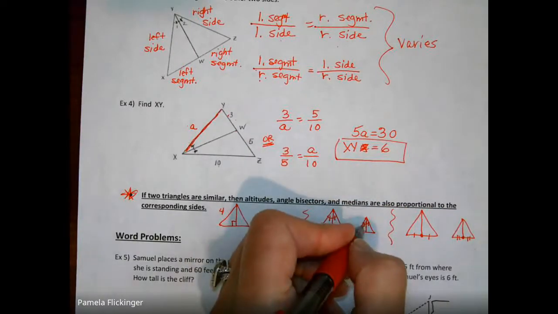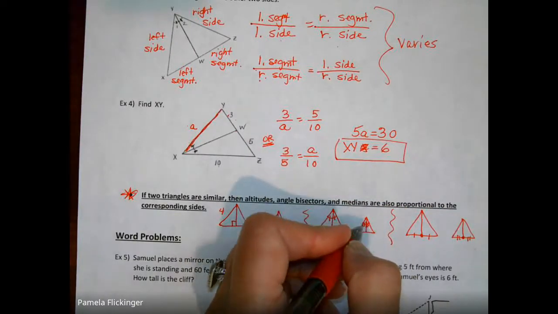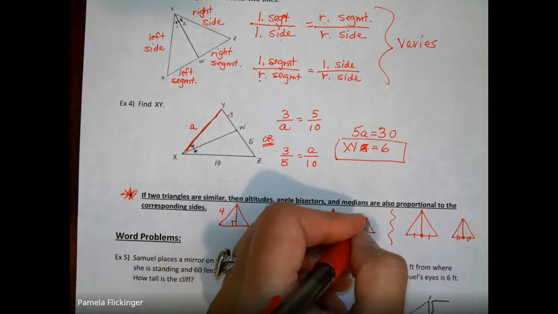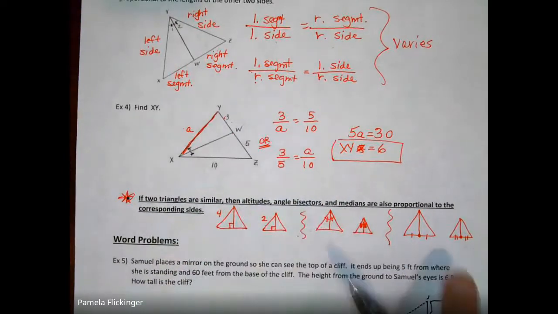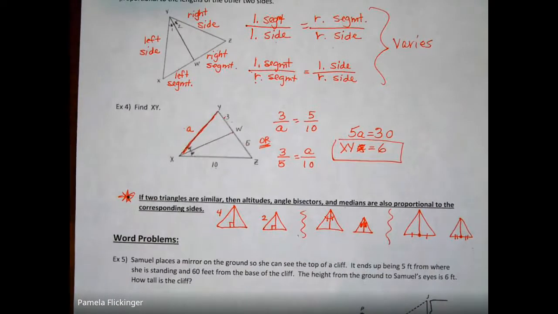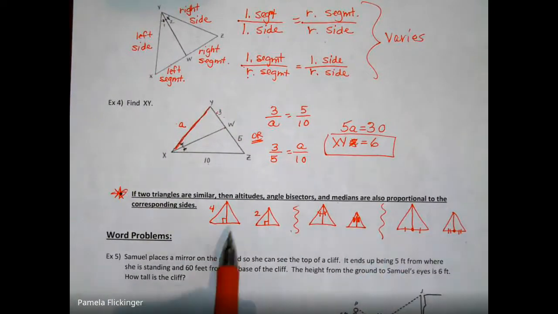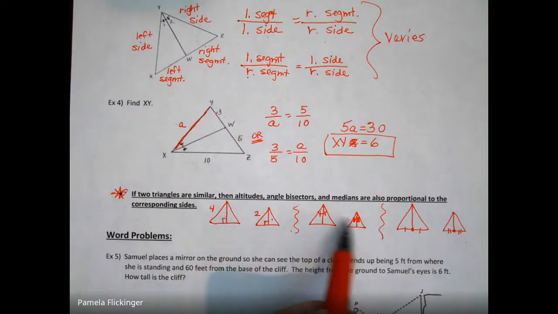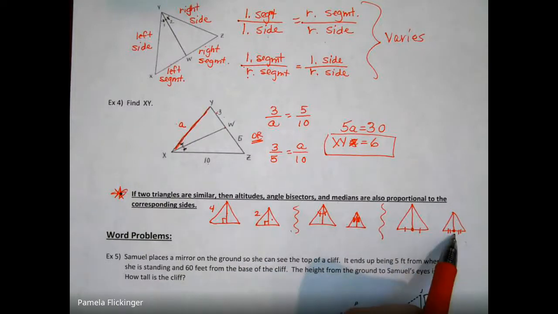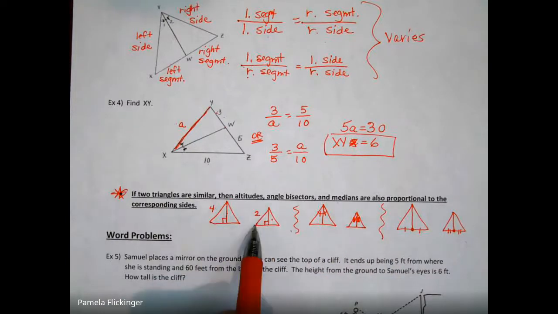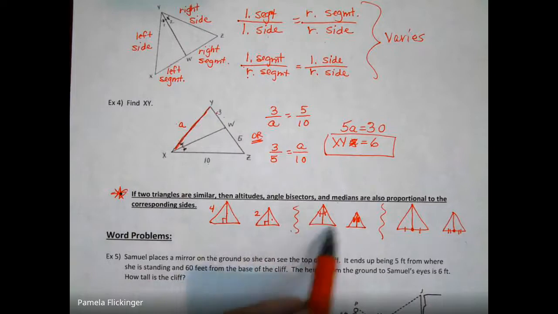Actually, no, these would be the same because angles would be the same measure. Sorry about that, but these would not be the same measure. All right, so whether it's altitude, angle bisectors, or medians, whatever the scale factor of the sides is, it's going to be the same for those different parts.